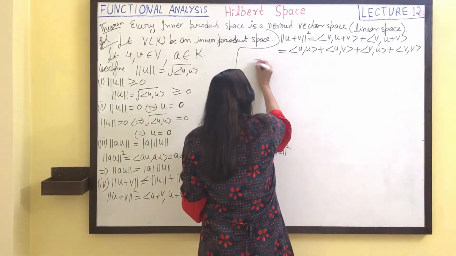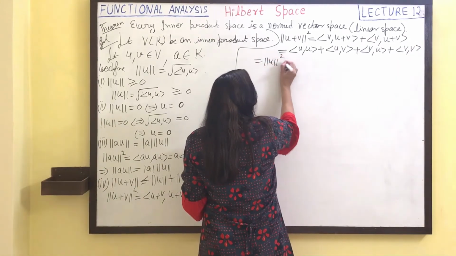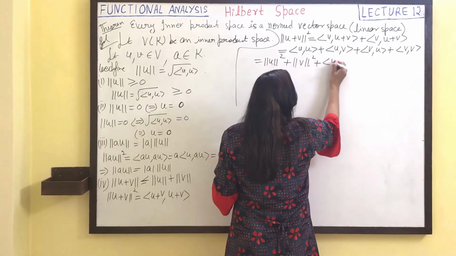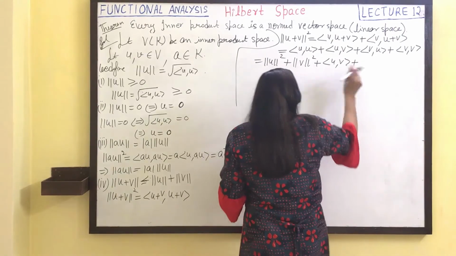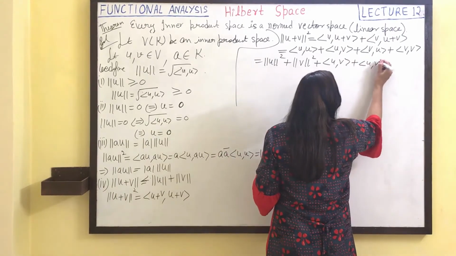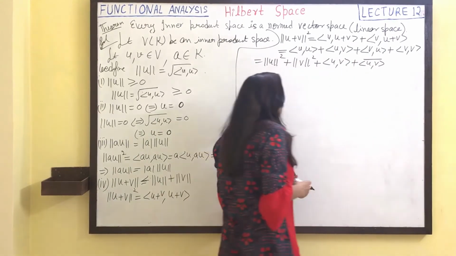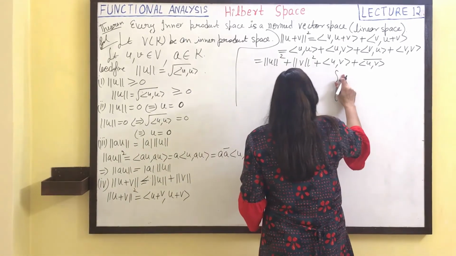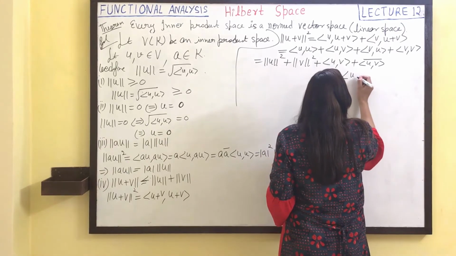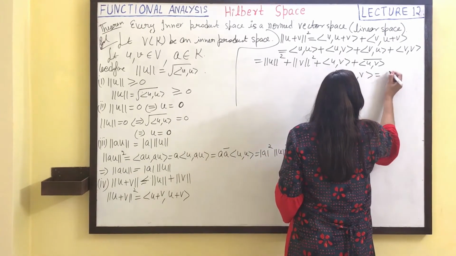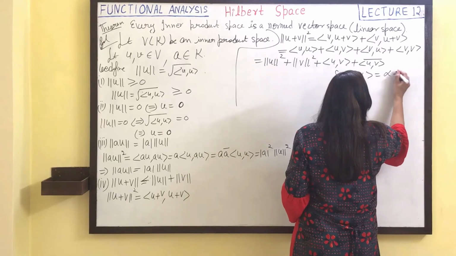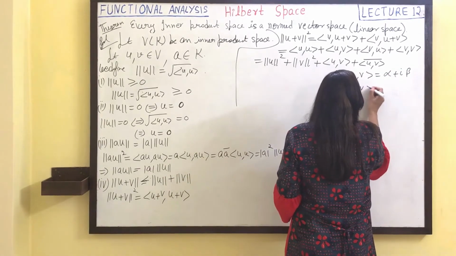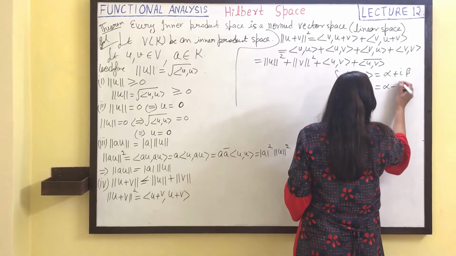Okay, so which can be written as norm u squared plus norm v squared plus inner product of u comma v, plus this can be written as u comma v conjugate. Okay, so now if we assume u comma v as alpha plus iota beta, then obviously u comma v conjugate is alpha minus iota beta.